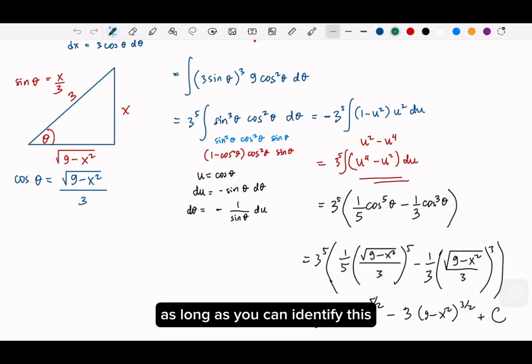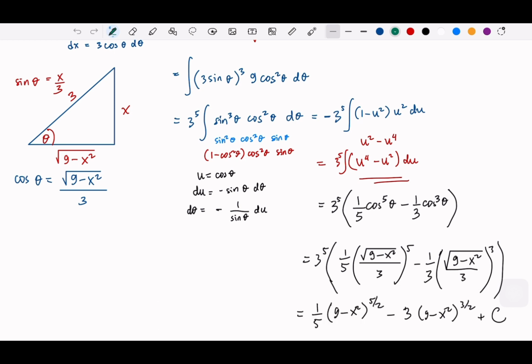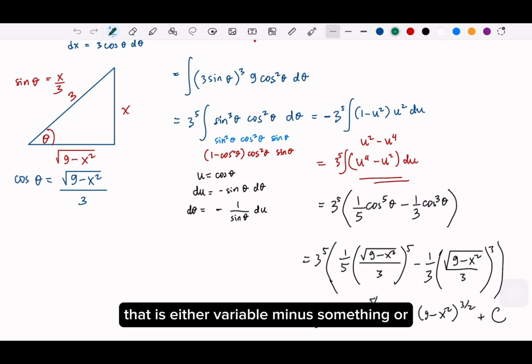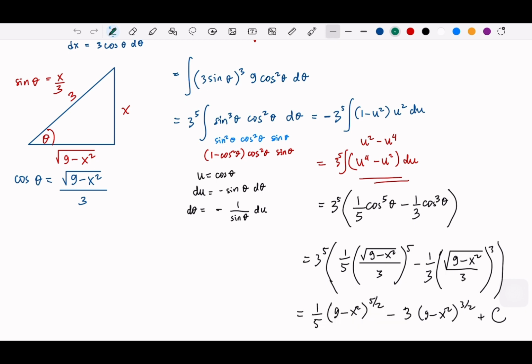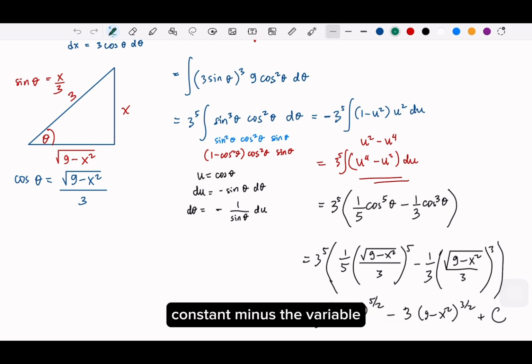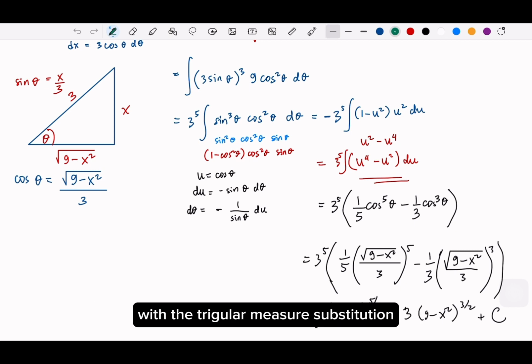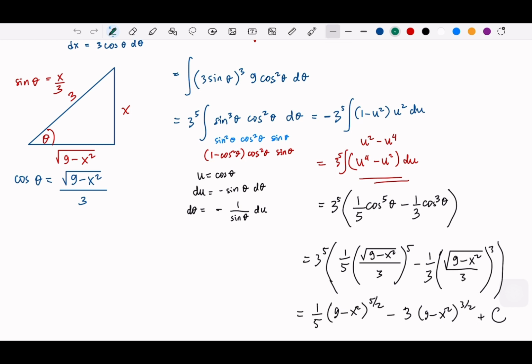As long as you can identify this from these combinations, it's supposed to be okay. So whenever you see any square root with something inside that is either variable minus something or constant minus the variable, perhaps you need to check with the trigonometric substitution, okay?